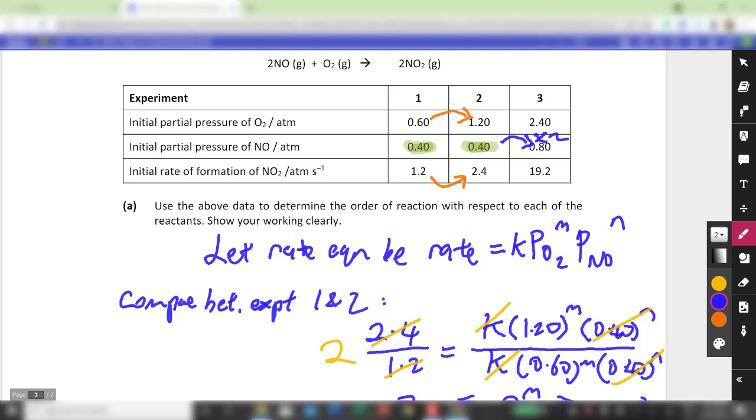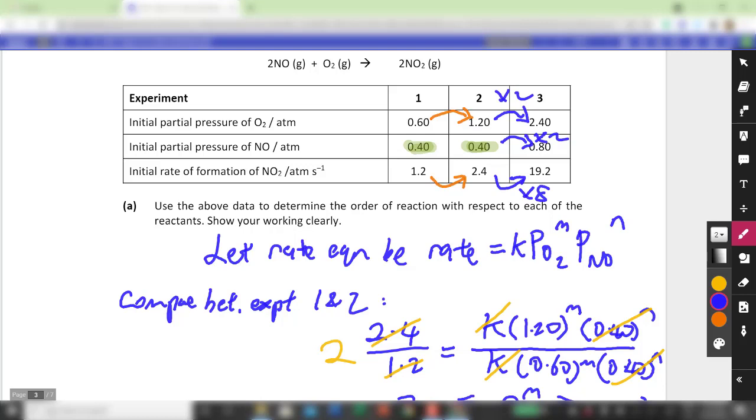In our case here, both the initial partial pressure of NO and O2 double, and the initial rate of formation of NO2 increases by 8 times. If you are going to do it by the inspection method, when you write it out it will be quite long because you need to explain to the reader what you're trying to say.